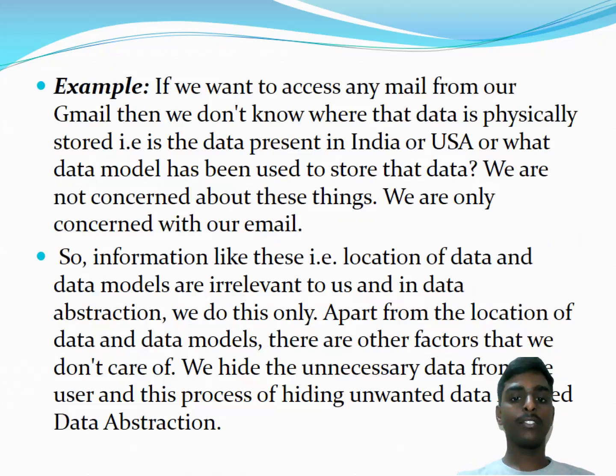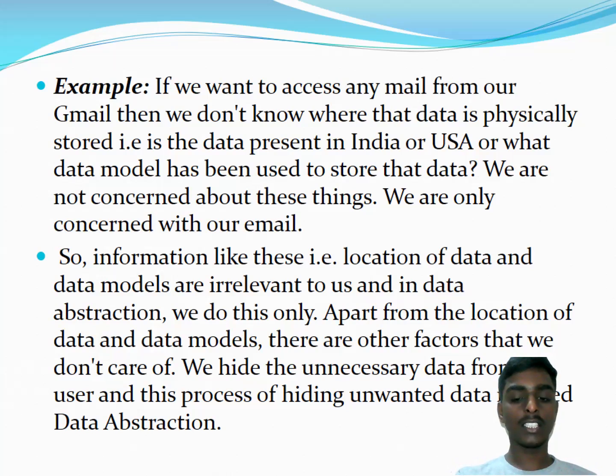Example, if we want to access any mail from our Gmail, then we don't know where the data is physically stored. That is, whether the data is present in India or USA, or which data model has been used to store the data. We are not concerned about these things. We are only concerned with our email.